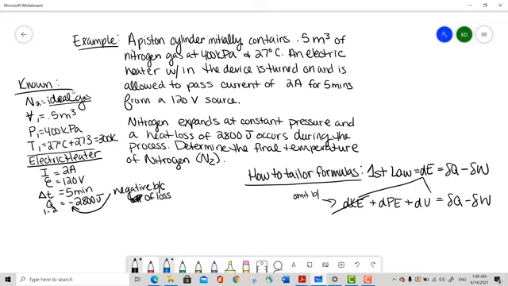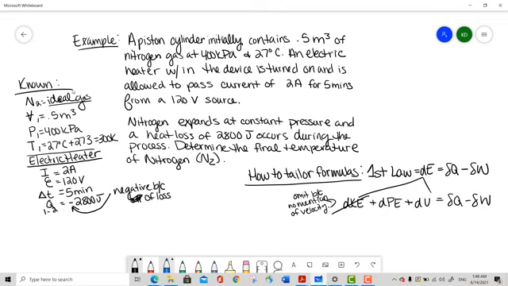And just to clarify, it's not so much that we're omitting it, we're assuming that it's zero. And so then kinetic energy would be zero, and thus the change in kinetic energy would be zero. And when you're adding zero to your equation, it's nothing, so we can omit it.